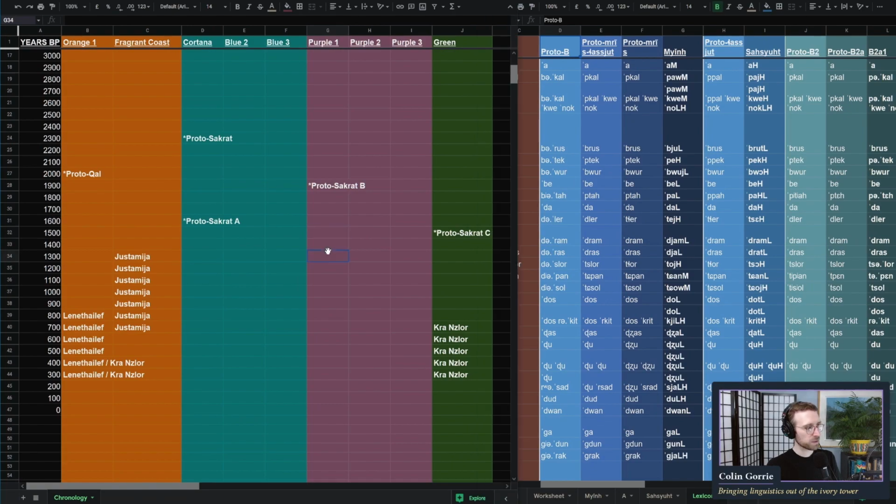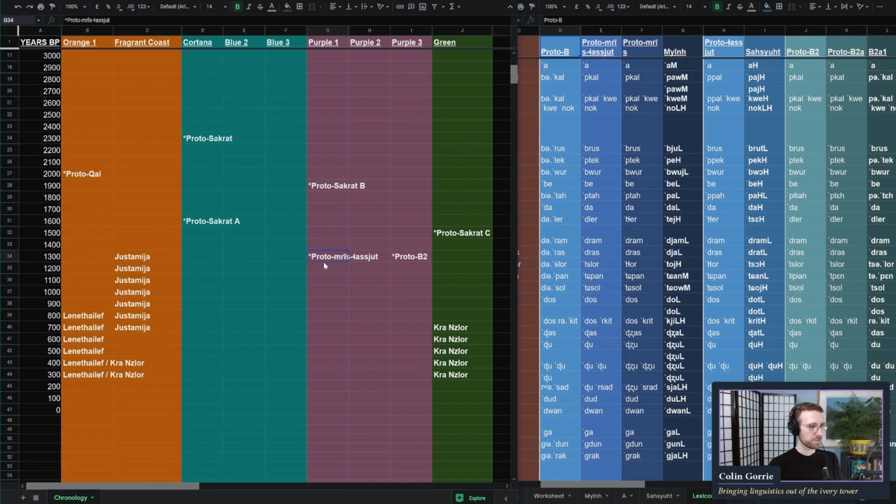So I think what we'll do is have Proto-Mnis Hlasiut stay in purple 1 and Proto-B2 can originate somewhere off in purple 3. So I'll just put these roughly at the same time depth, but we may want to change that.